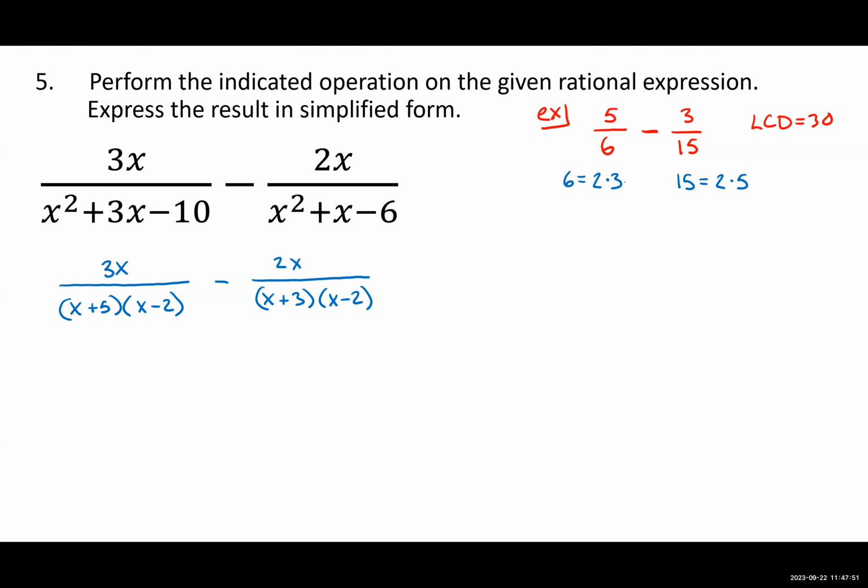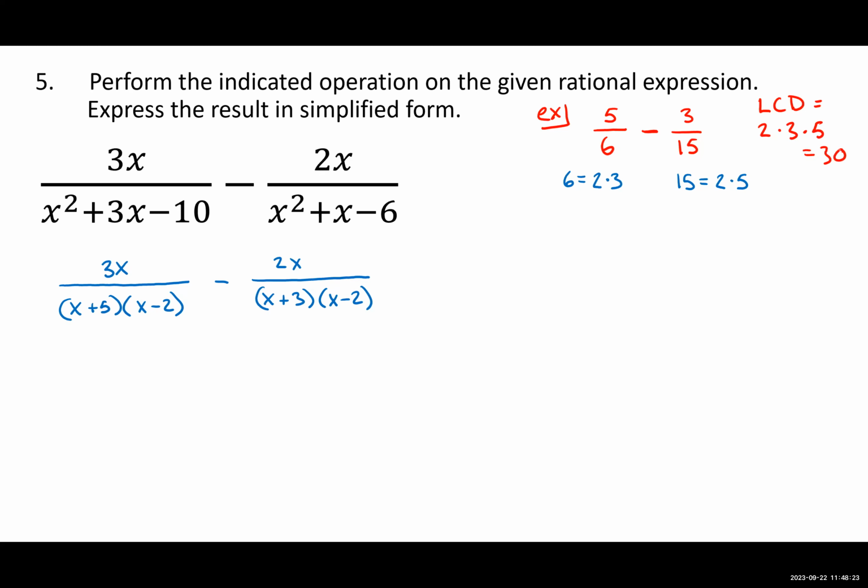So the 6 contains the numbers 2 and 3. The 15 contains the numbers 3 and 5. So it looks like the 6 is missing a 5. So the LCD, let me erase that, we'll say the least common denominator should be 2 times 3 times 5.